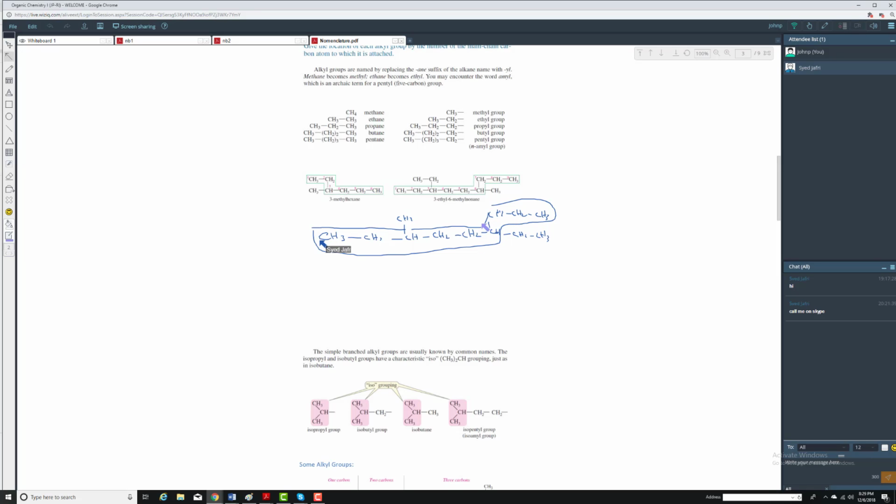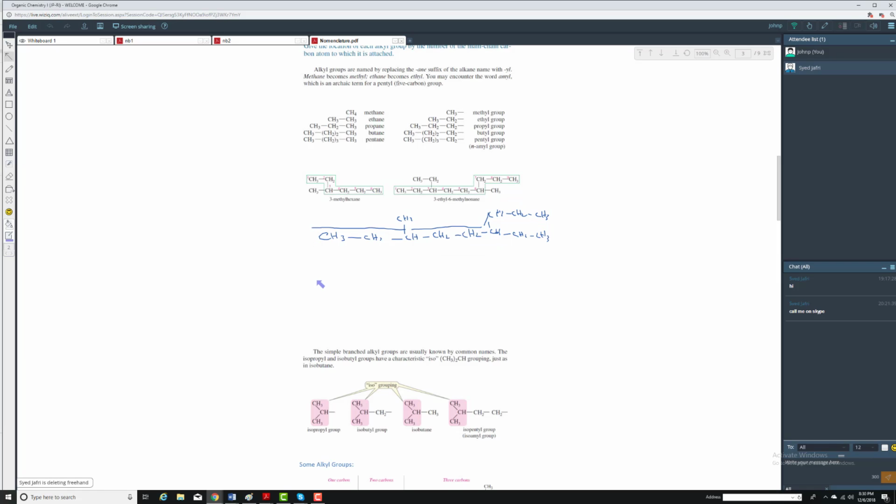This is the longest continuous main chain. Even starting from here, we would still mention ethyl first and then methyl. You don't have to write 3 methyl first.